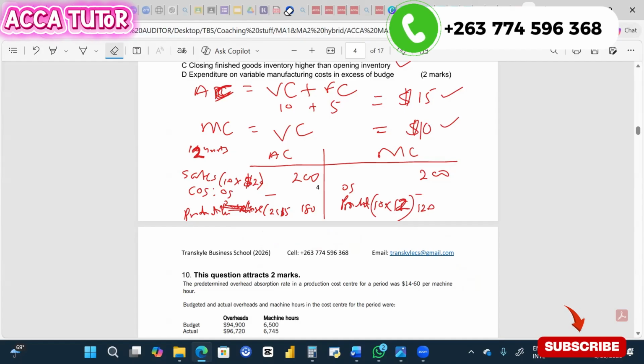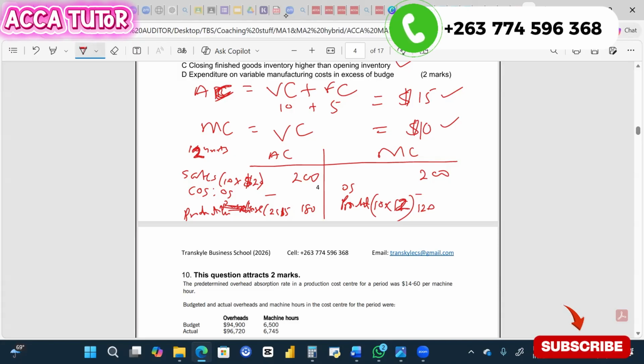Because the bone of contention is actually on the closing inventories. But now I'm also worried about the production cost. In the first instance there, the production cost was how much? How did you get the 180 there?